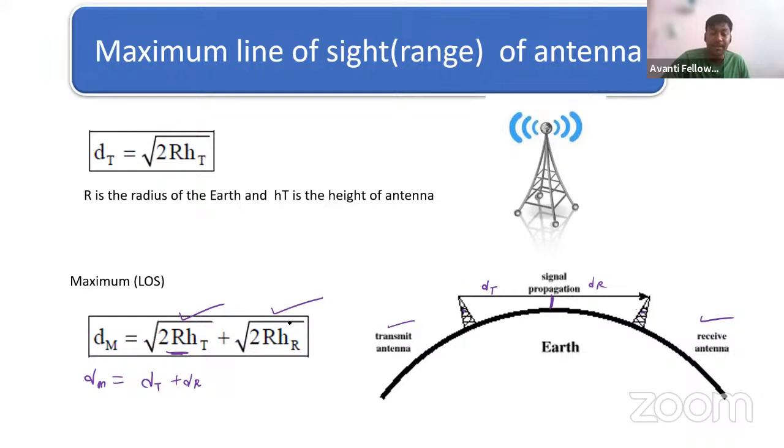Okay, in this case, same like if the range is given to you and one of the system's heights is asked. Like in the question it is given the transmitter antenna has 100-meter height, and the range or line of sight is given as 20 kilometers. Then you need to find what will be the height of the receiver antenna.